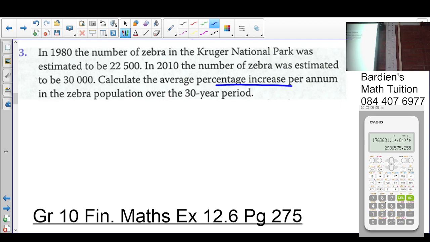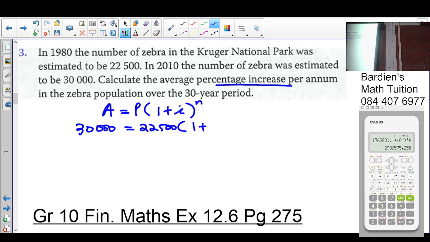So what are we calculating here? I. So what's my formula? A is equal to P into 1 plus I, the exponent n. So what's your A value? 30,000 equals 22,500 into 1 plus I to the exponent 30.